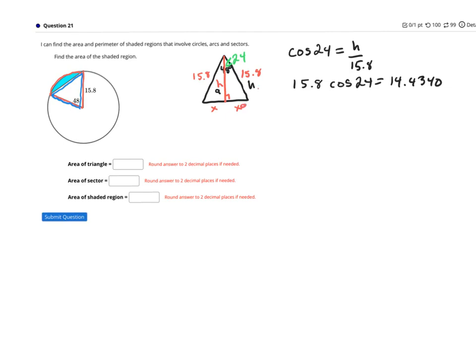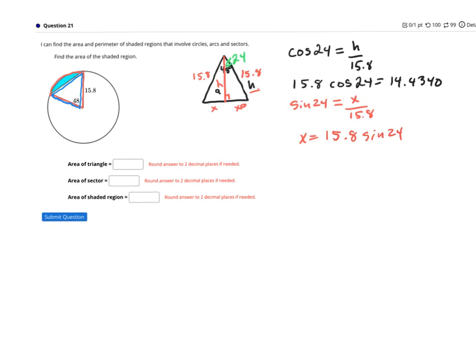Now, to find the base, what I'm going to do here is say that this is the opposite side and this is the hypotenuse. If it's opposite and hypotenuse, that's sine. So we'll have the sine of 24 is equal to the opposite side over the hypotenuse. Again, this is a multiplication problem, so I have that x equals 15.8 times the sine of 24.